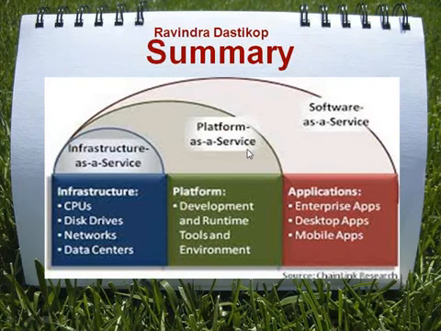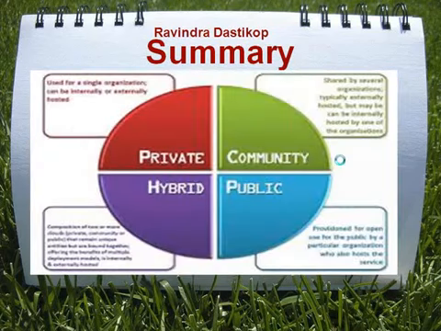In platform as a service, you get development and runtime tools and environment. And in software as a service, you get complete ready-to-run applications. Any question at this point of time?